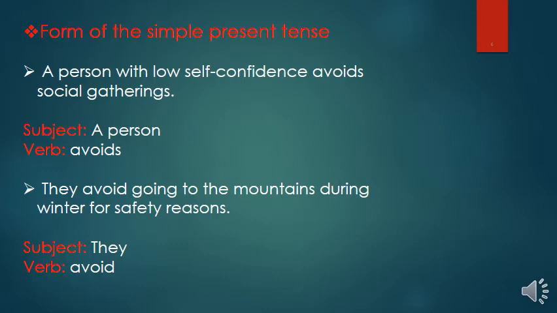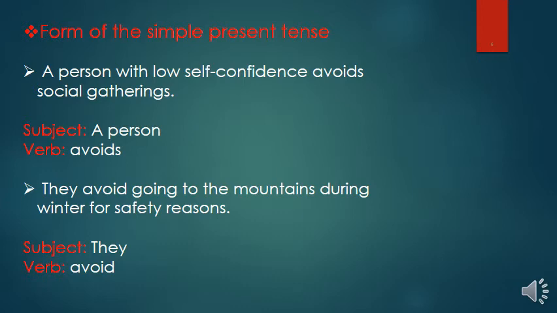They avoid going to mountains during winter for safety reasons. They here is the subject, and as you know, they is a plural pronoun. That's why we didn't add s to the verb, because they is a plural pronoun. And we said when we have a plural pronoun, we do not add s to the verb.